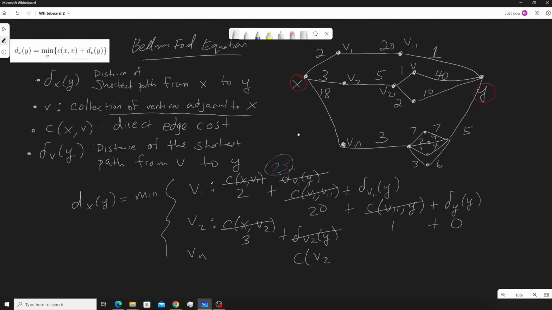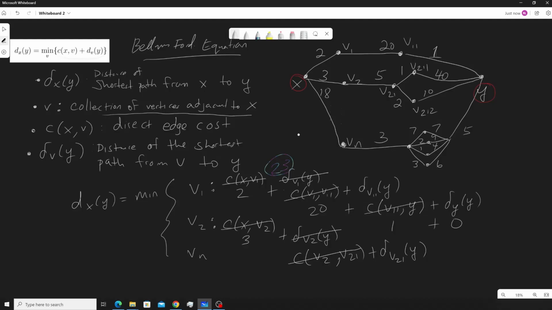That's our notation. So c of v2 comma v21, from here to here, plus d of v21 y. This one becomes 5.